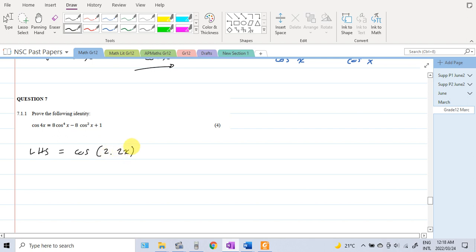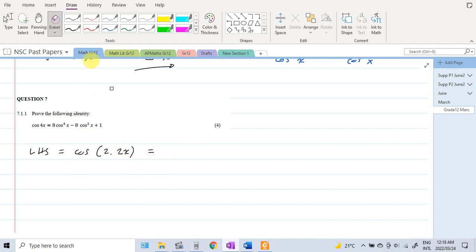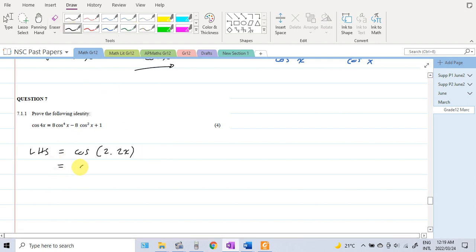Now cos double angle, there's 3 of them, but we want everything in terms of cos, so we'll say this is just basically 2 cos squared 2x minus 1, because remember cos 2 times angle is 2 cos squared angle minus 1.